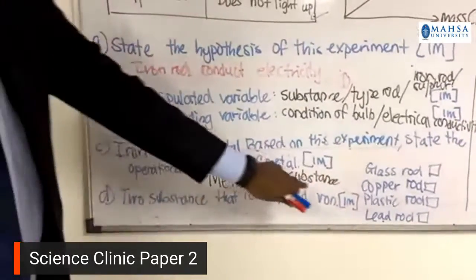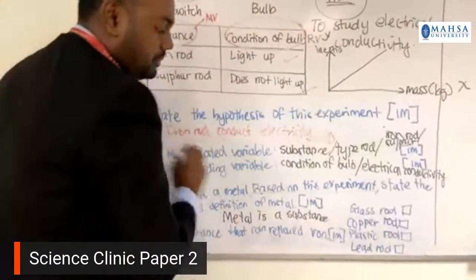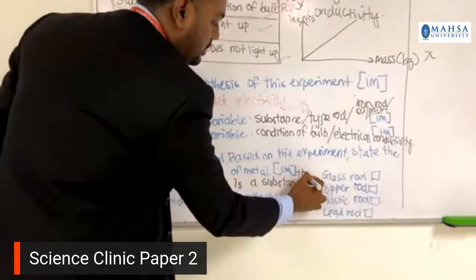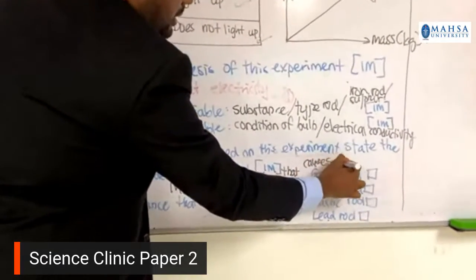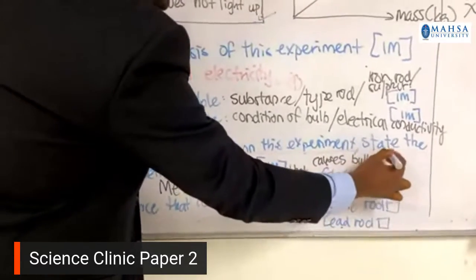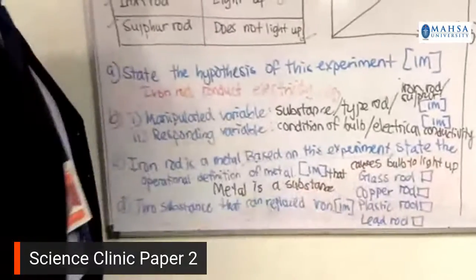Metal is a substance that causes the bulb to light up. So where do I get the answer from?